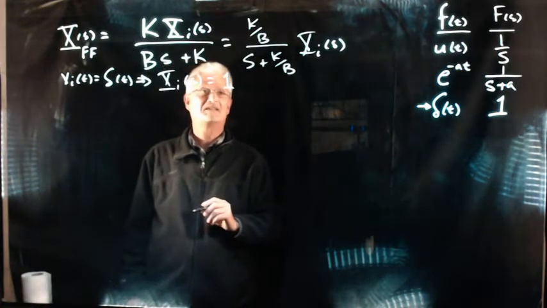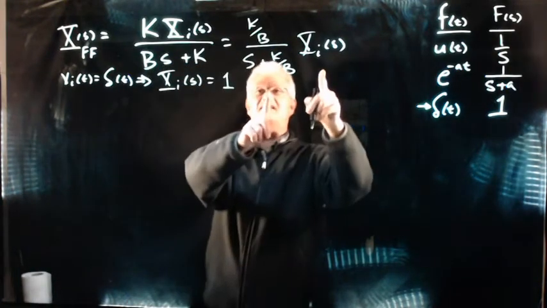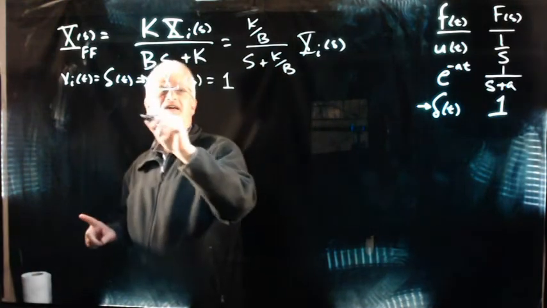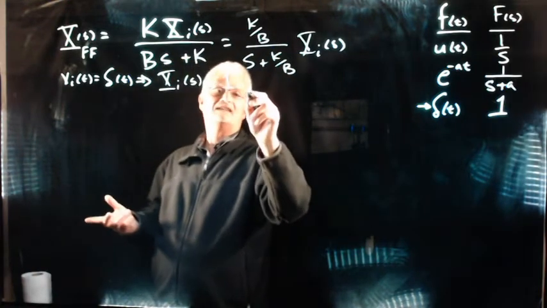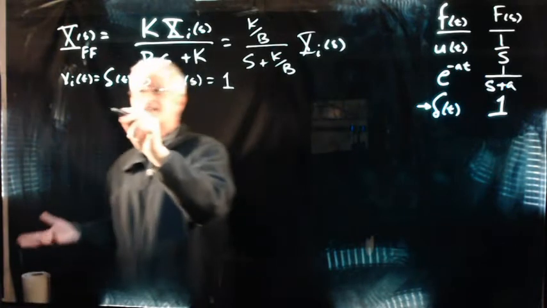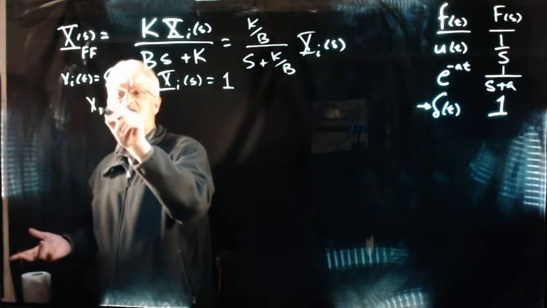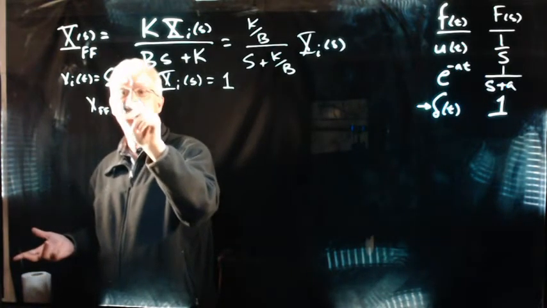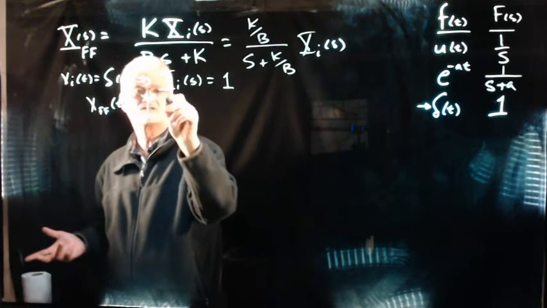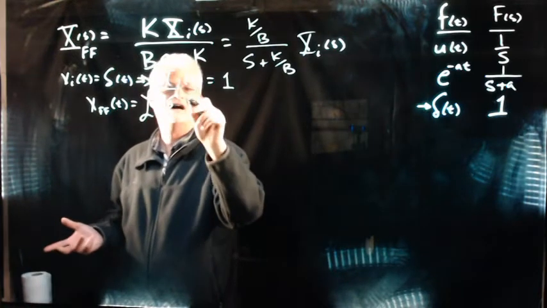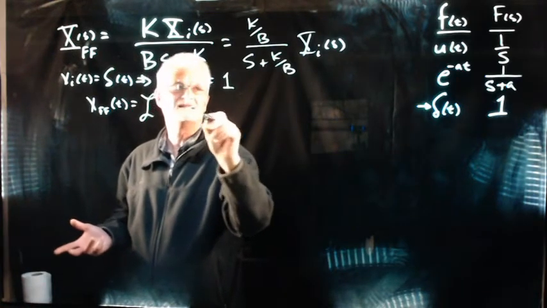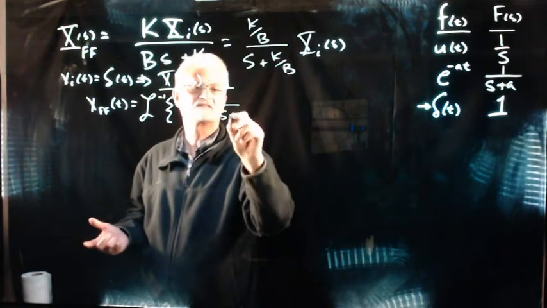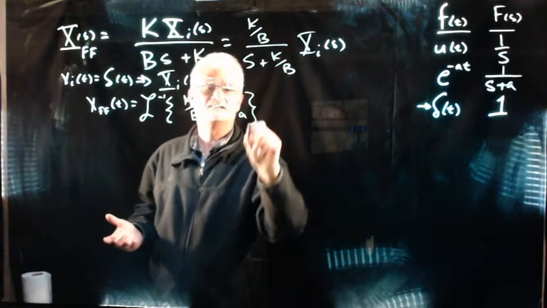That's easy enough, because now all I have to do is put this in here, and look what I've got. Well, we already did this one, right? I can just say x of the forcing function of t is equal to the inverse Laplace transform of k over b times 1 over s plus a. We already did that one.